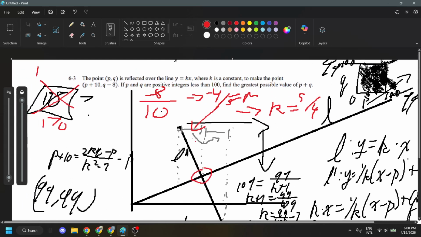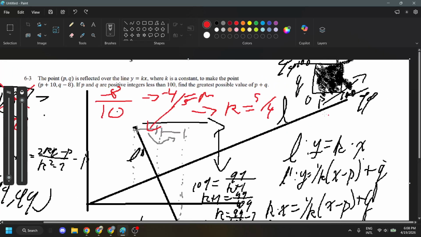And we know the intersection point here is the midpoint of these two. So the midpoint, which is p plus 10 over 2. So PQ is our original point. The midpoint is P plus 5 and Q minus 4.